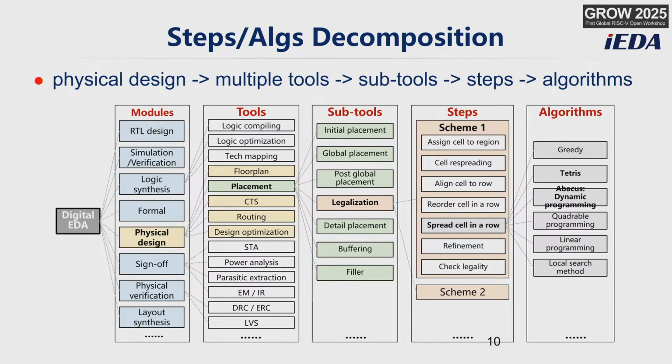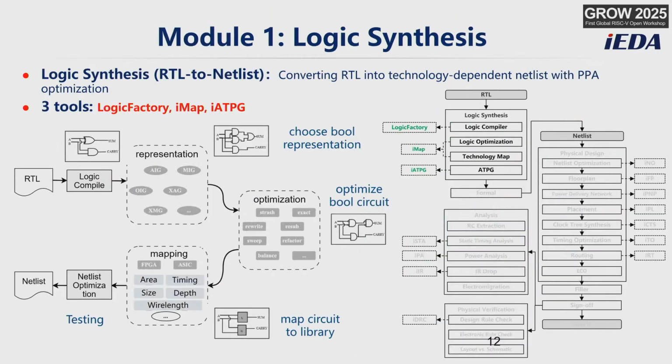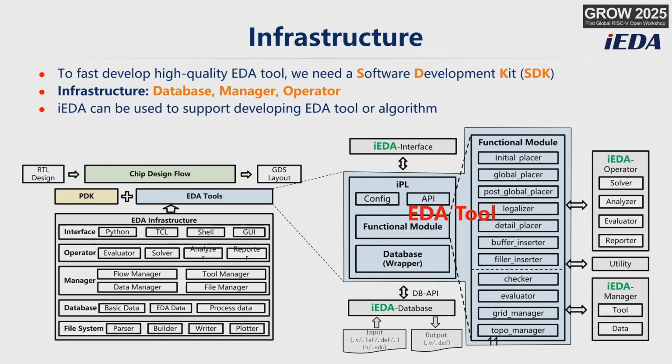The EDA infrastructure is based on the decomposition of the substeps and algorithms of EDA. The iEDA infrastructure serves as the open source software development kit and platform, and it has the file system, database, multiple managers, operators, and interfaces to enhance the development of EDA algorithms.